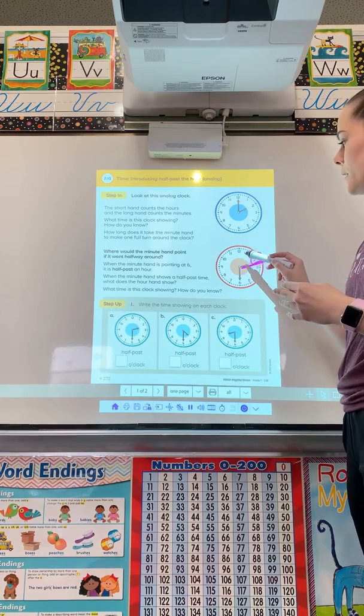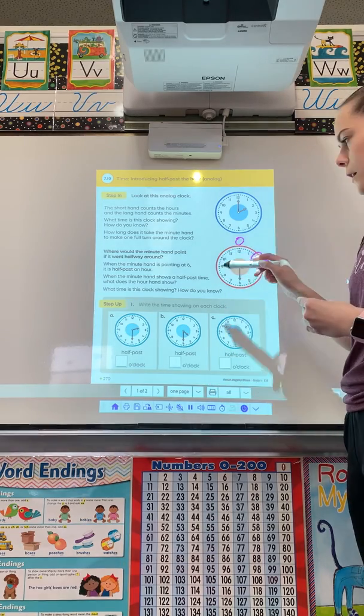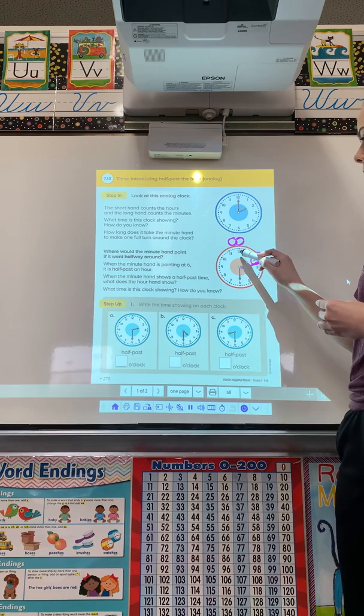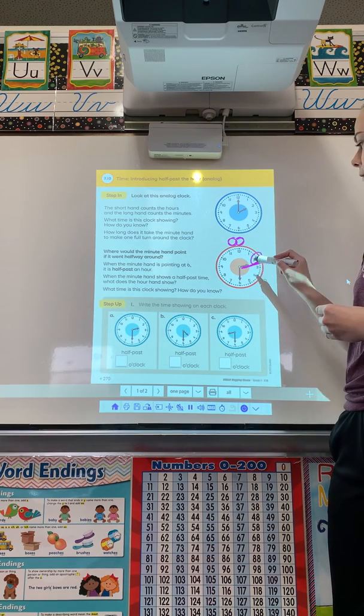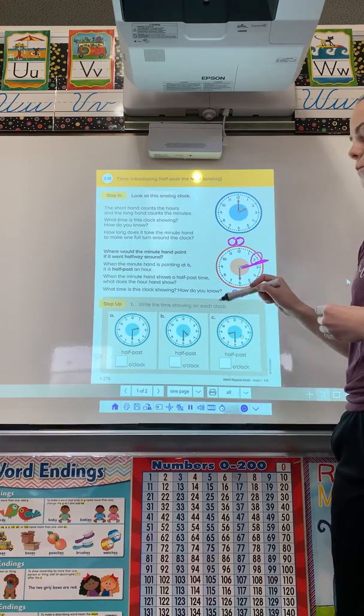If I count by 5s, this is 0 because it's our o'clock. 0, 5, 10, 15, 20, 25, 30. That's what we're practicing now.